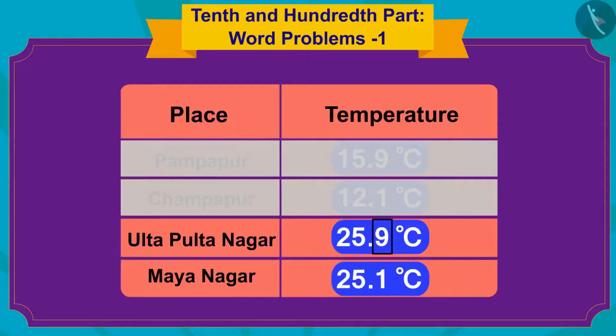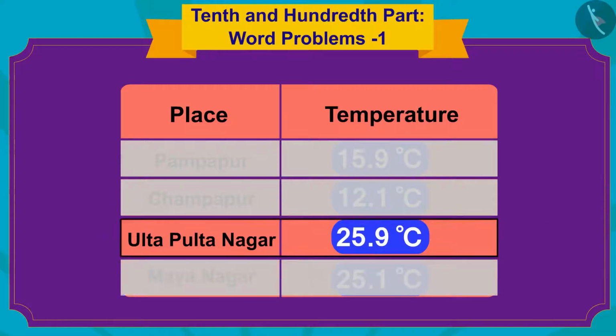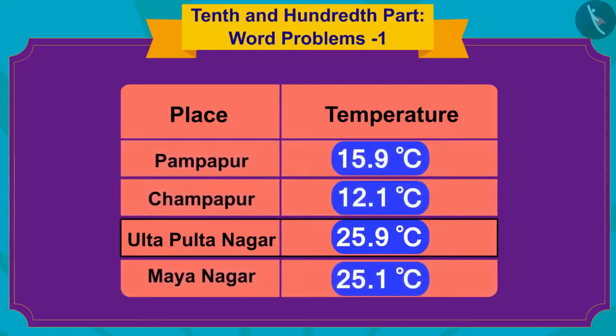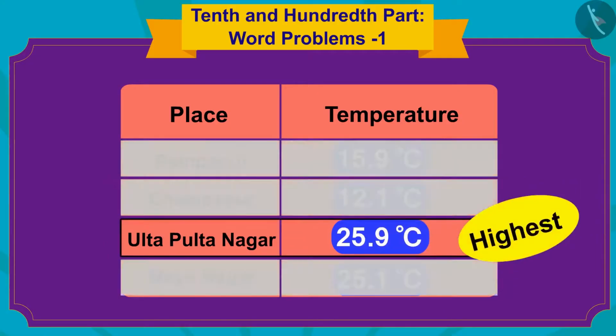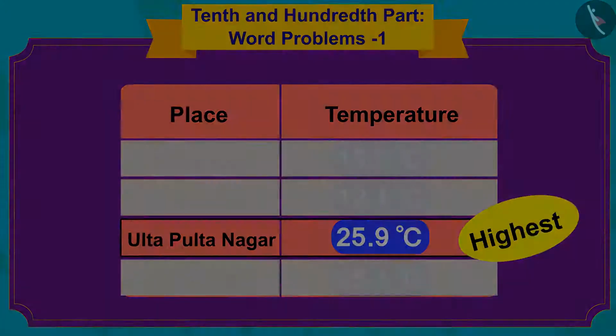The number in the 10th place in the temperature of Ulta Pulta Nagar is 9, and that in the 10th place of the temperature of Maya Nagar is 1. Since 9 is more than 1, we can say that the temperature of Ulta Pulta Nagar is the highest among all these places.